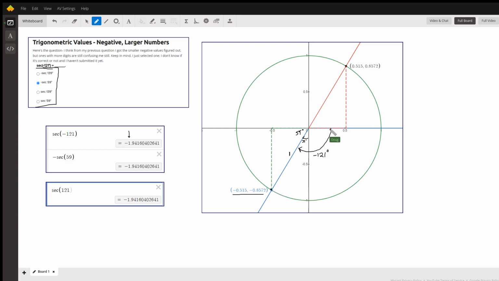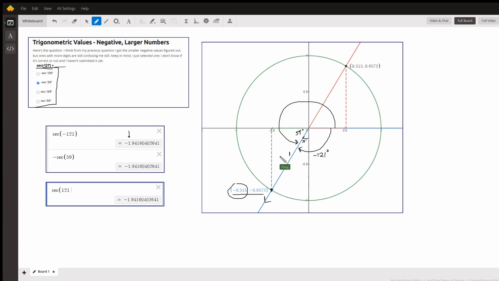So the cosine of negative 121, or this angle right here, would be 180 plus 59. But the point is, this is the cosine of an angle whose terminal side lies along this blue ray right here with a point on the unit circle.